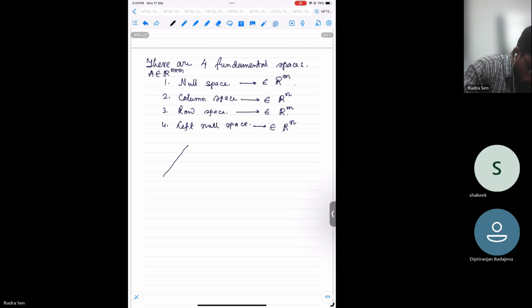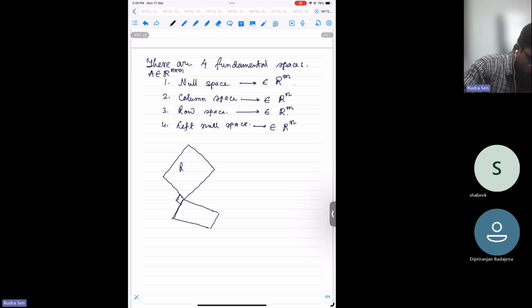That angle, I don't know whether it looks perpendicular or not, but that angle is perpendicular.